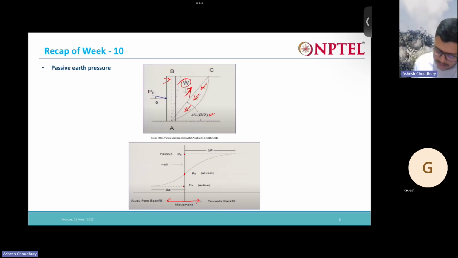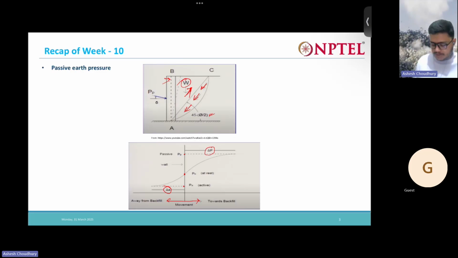So if delta P is the amount of distance, or amount of strain, that has to be in the retaining wall to mobilize the earth pressure forces, you can see delta P is quite greater than delta A. So a larger amount of displacement is required to mobilize the passive forces than the active forces.